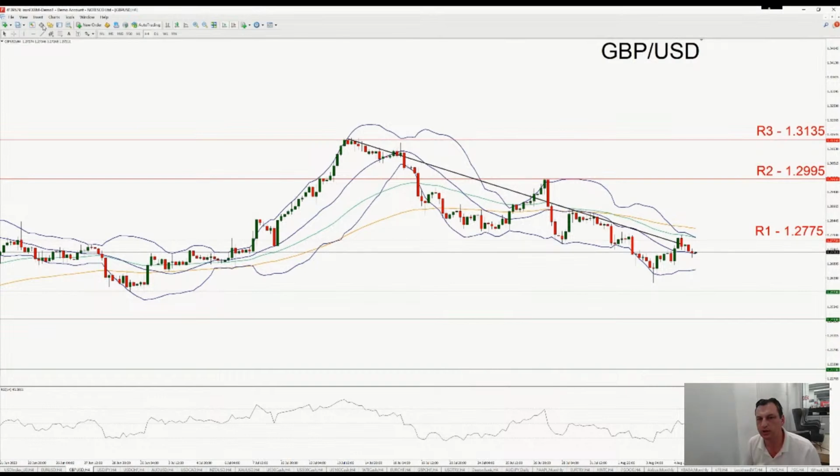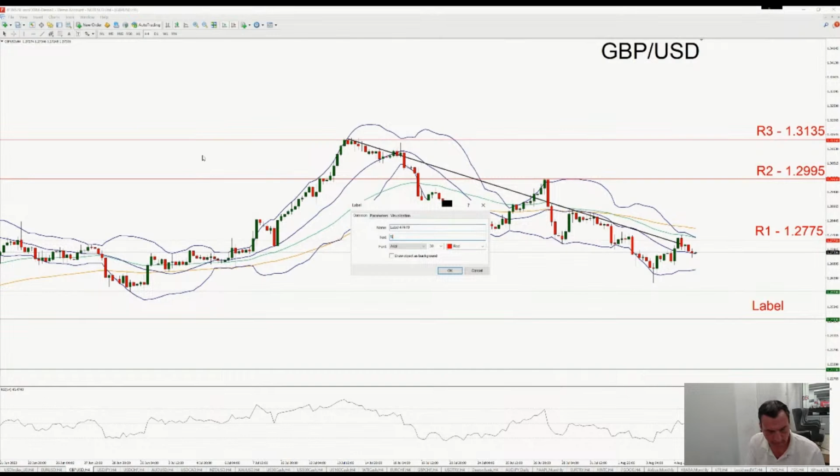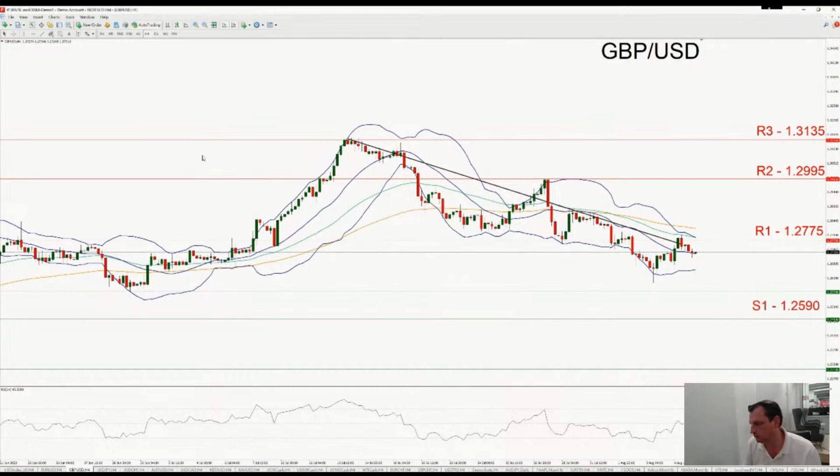The first support line, which is placed at 1.2590, in green.